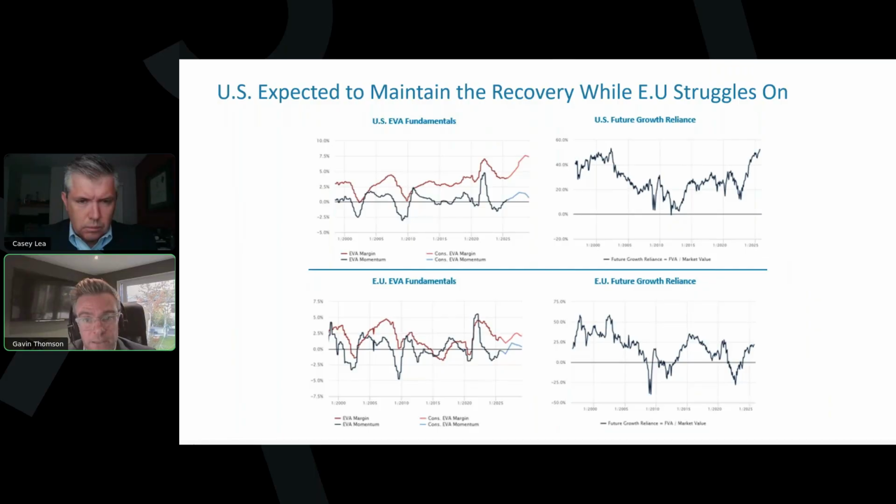Europe, on the other hand, is at a pretty different phase at this point. So although EVA momentum has seen a recovery through 2024, the recovery has not been an easy one, and EVA momentum today remains negative, although slightly negative.